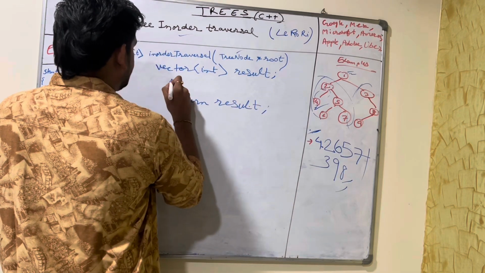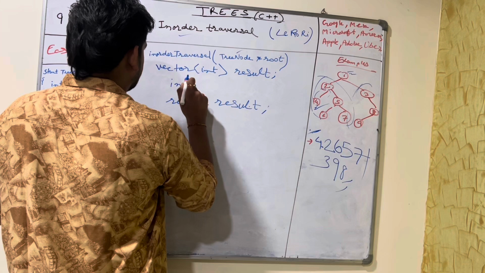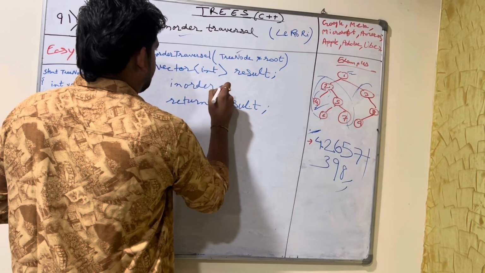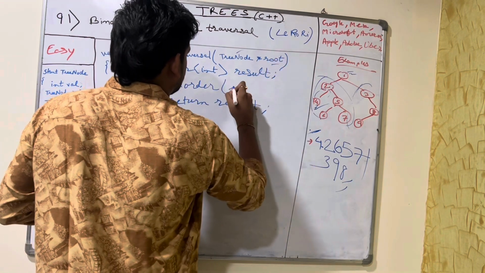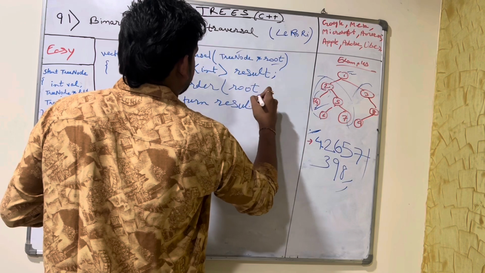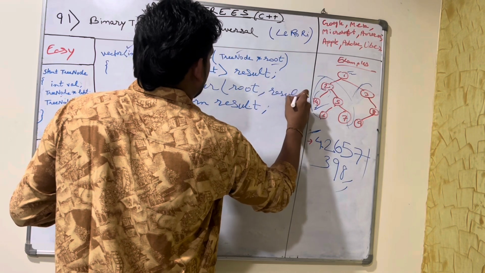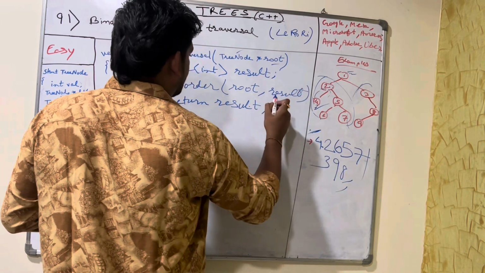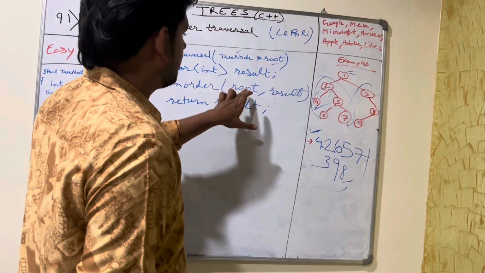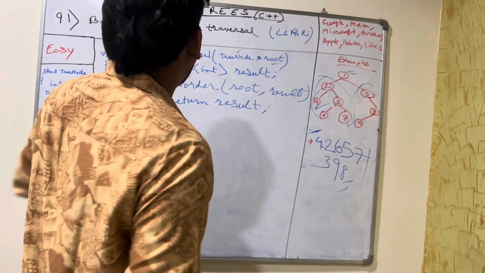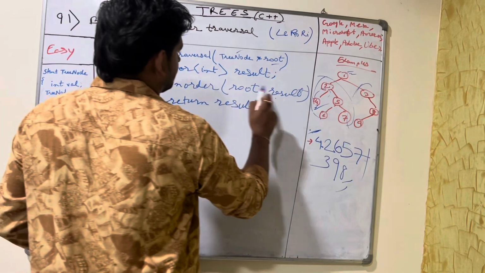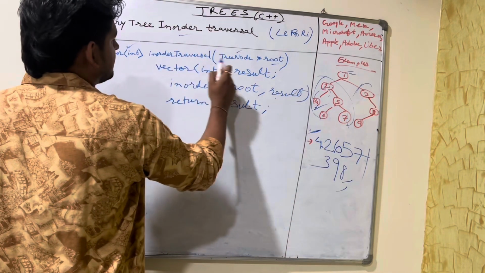And what we do is write a function inorder, where we pass this root and also pass the result, because we want to store the in-order traversal in this result. Okay. And since it is a vector, we can't make this recursive, right?